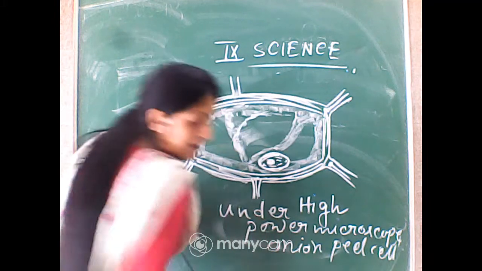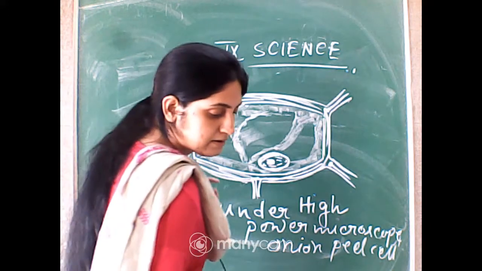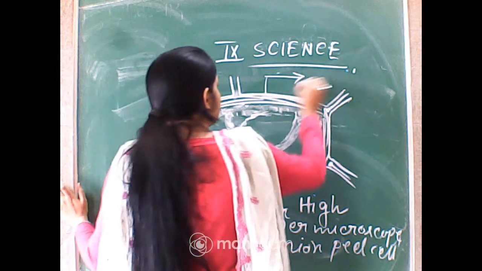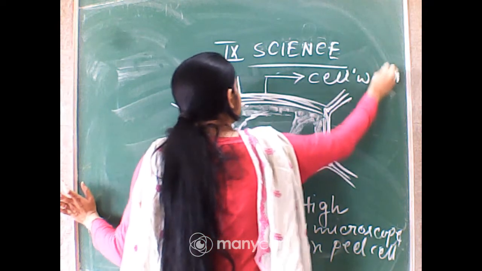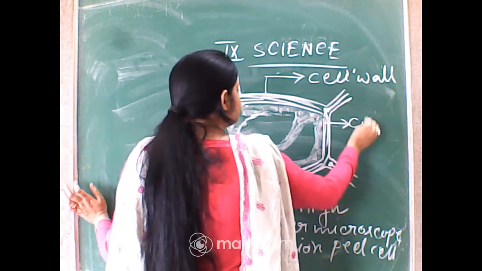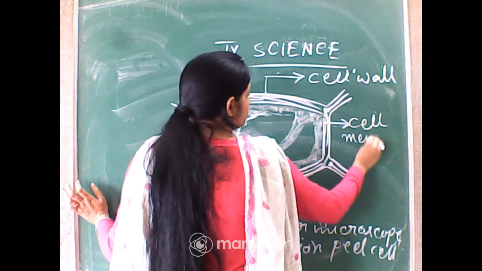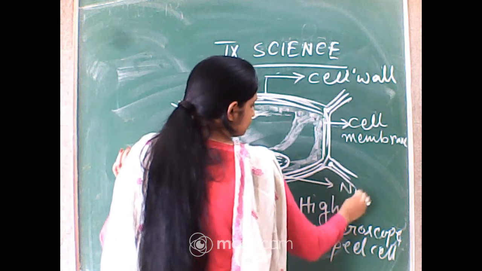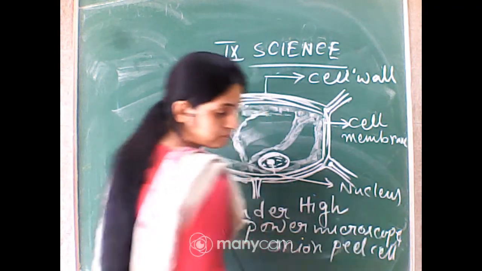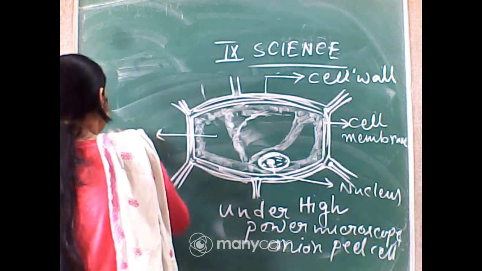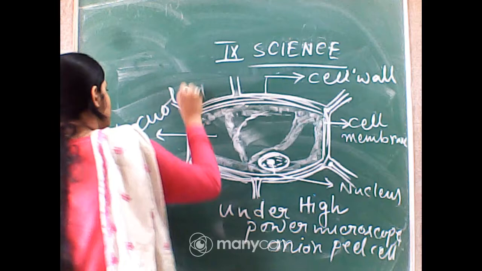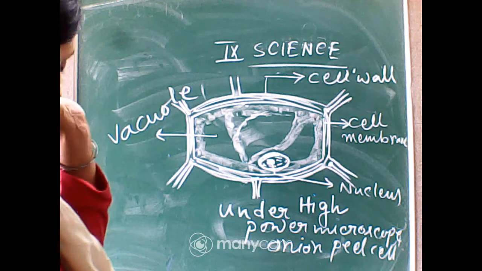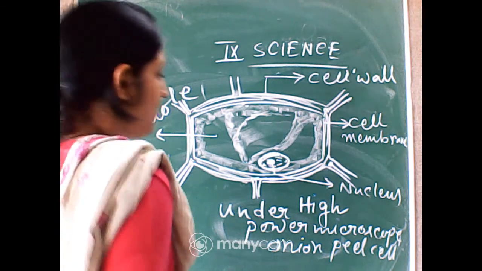Now you can clearly see the cell wall, cell membrane, nucleus, and vacuole. This is under the high power of the microscope. So you have completed the drawing part.